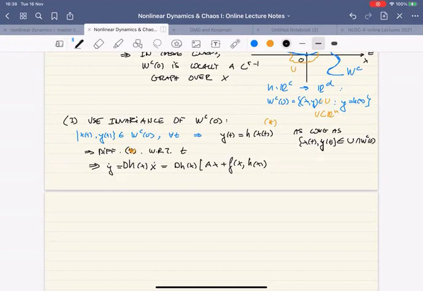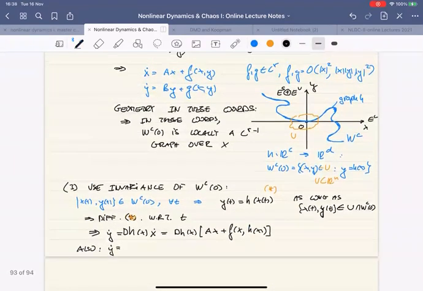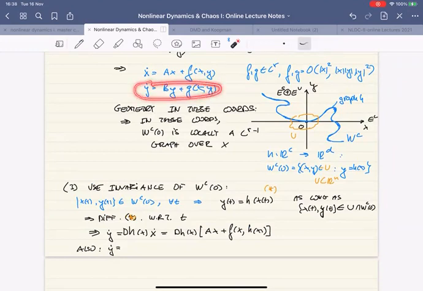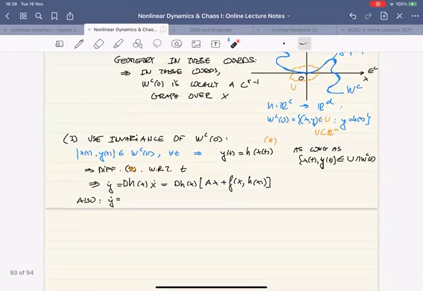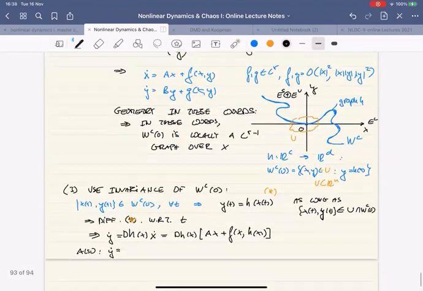So on the one hand, I started out writing y dot, and then I used this enslavement relationship. But as I said, this x, y is also a solution of the differential equation. So in order for me to figure out what y dot is, I can also go back to the y equation and exploit that. But wherever I see y, I would have to plug in h of x because I'm on the manifold.